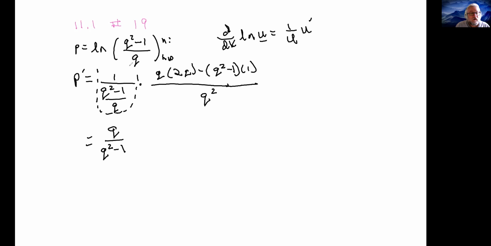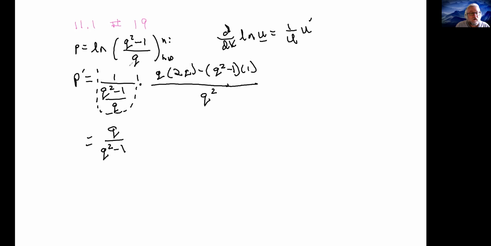So this is 2Q squared. I'm going to put it all under one denominator, which is going to be Q squared is the common denominator. So this Q squared will become negative. But this negative, because we're going to distribute, I hate negative signs, that's going to be a plus 1.